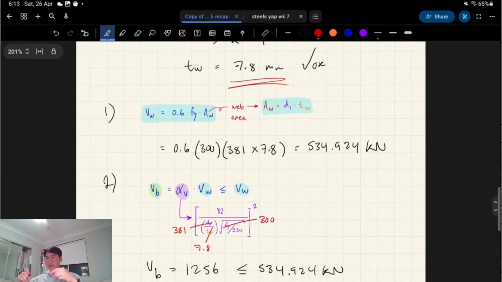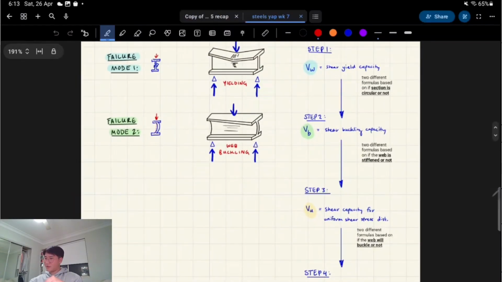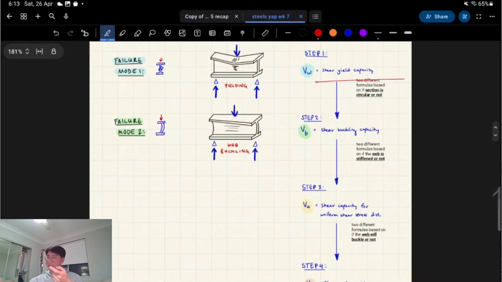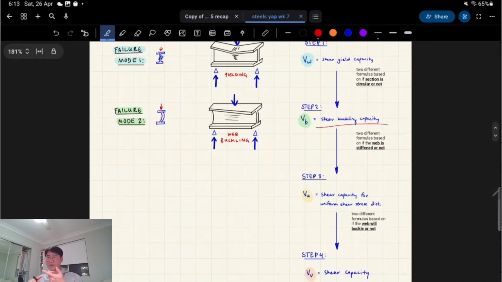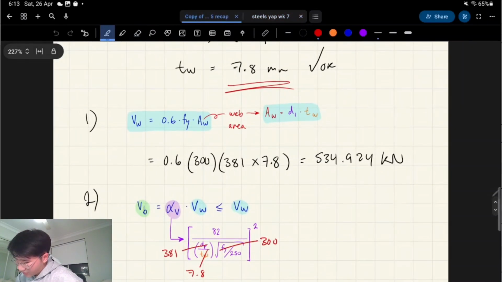Now we go through a bunch of checks for shear. So the first check we have to do, let me show you on my shear notes, right? We have to do, on the right hand side here, a shear yield capacity check, followed by a shear buckling capacity check. We have to find what the shear capacity for a uniform shear stress distribution is before finally finding our final shear capacity. So let's do that. The first one's our shear yield strength.